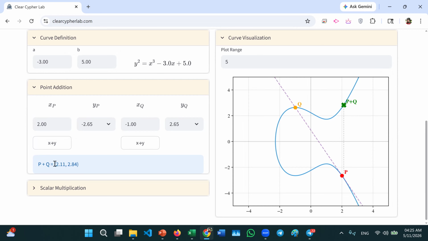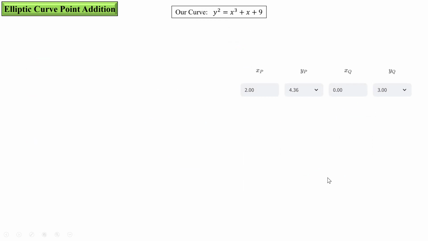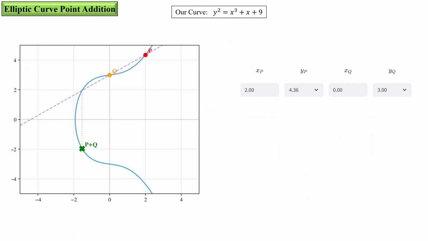And the coordinates of P plus Q are computed also here. So the formula that is used in the backend for this website is actually the formula here in the slide that we discussed already, right?